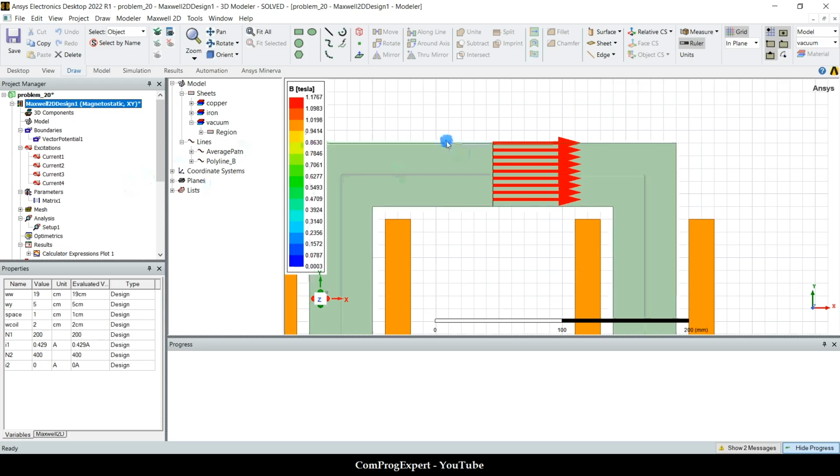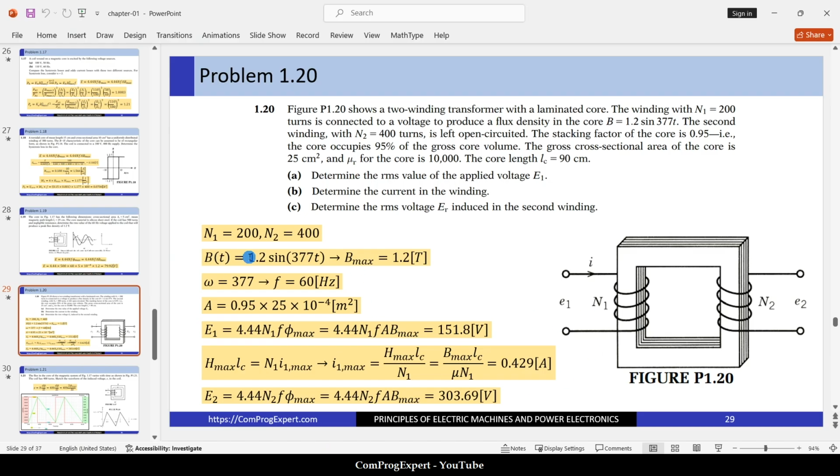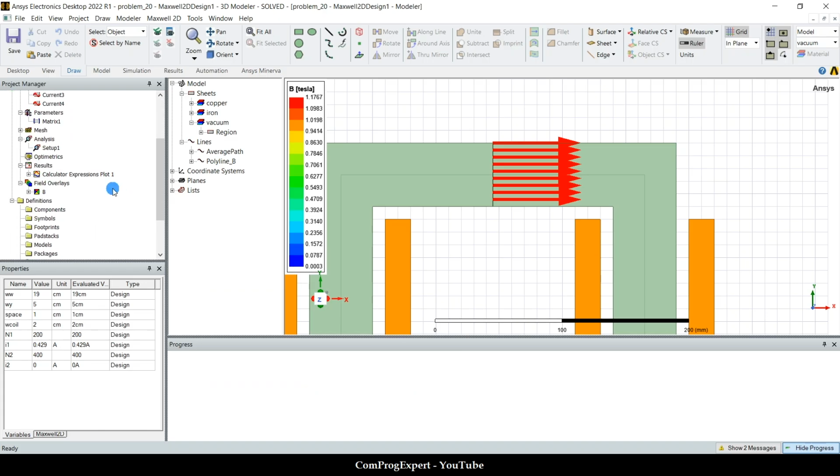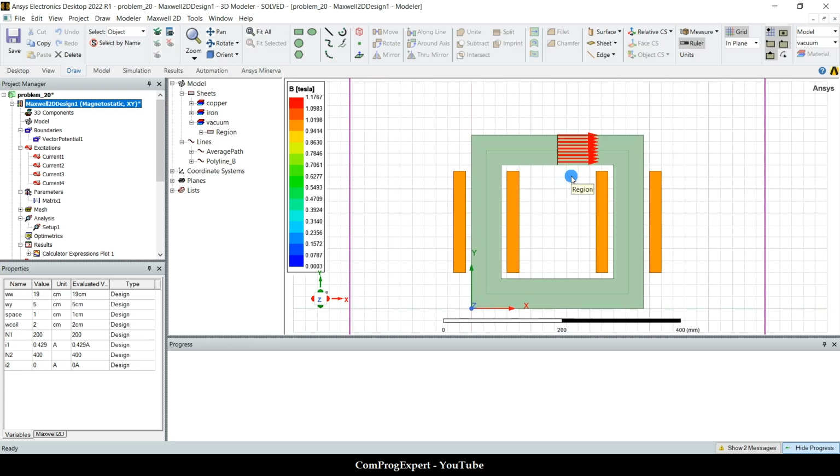So you can even select the core material and plot the magnitude of the flux density in it. So yes, as you can see, our calculations, our approximations are good, and we can get this amount of the flux density, the maximum amount, considering this Imax in the core.